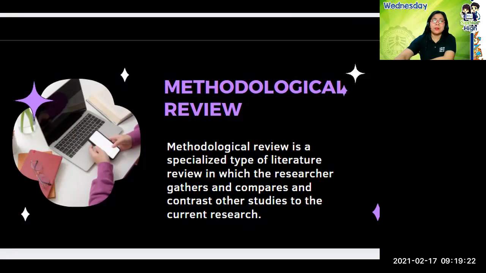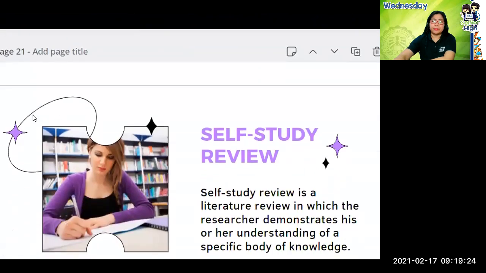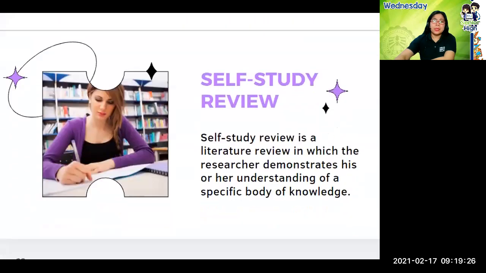Okay, self-study review. Next. Self-study review is a literature review in which the researcher demonstrates his or her understanding of a specific body of knowledge. So it contains existing proof associated to clearly stated research questions and uses standardized method to determine and evaluate relevant research.